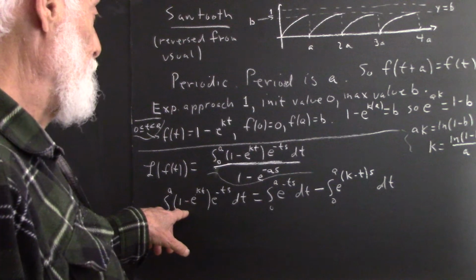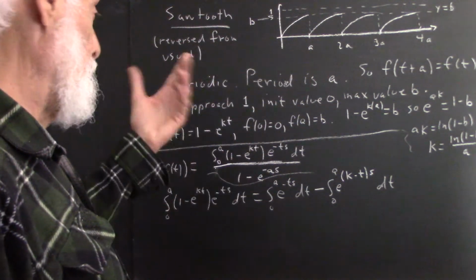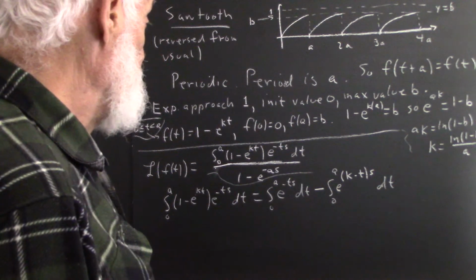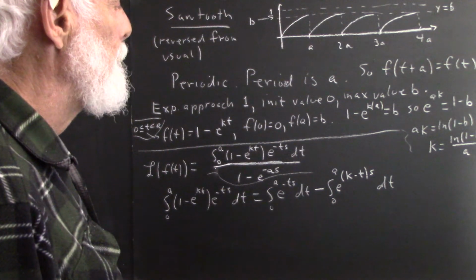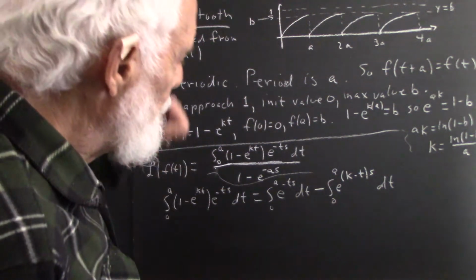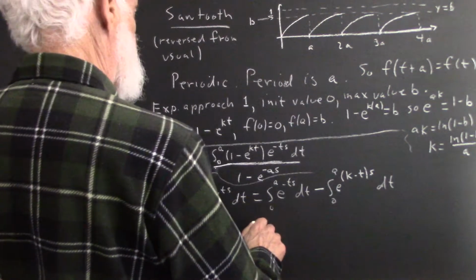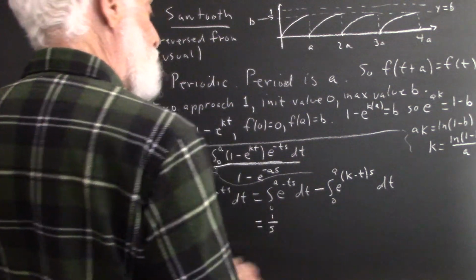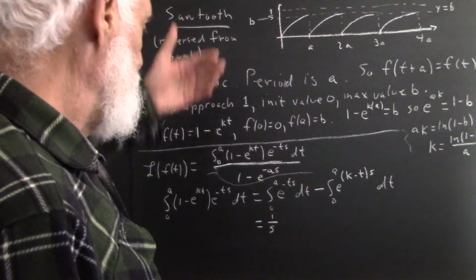We have a minus here, which gives us a minus, and that's straightforward. Okay, so it all looks pretty straightforward. And then this integral, well, okay, this integral is 1 over s, because it's negative e to the negative t over s.